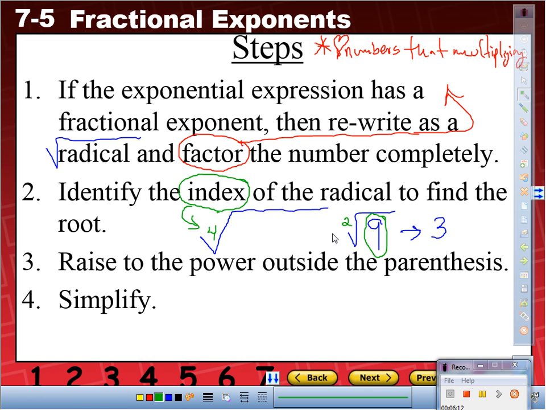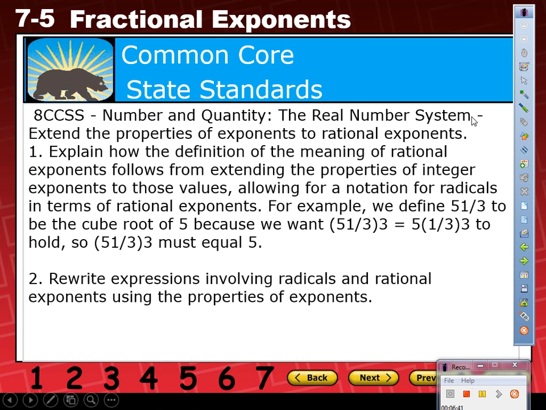Everybody with me? So far, so good? Yes. All right. However, today we're going to look for numbers that multiply themselves more times. For example, this one will multiply itself how many times? 4 times itself. You'll see it right now. Step 3, raise to the power outside the parentheses and simplify. Okay? So, with that said, turn your paper over.